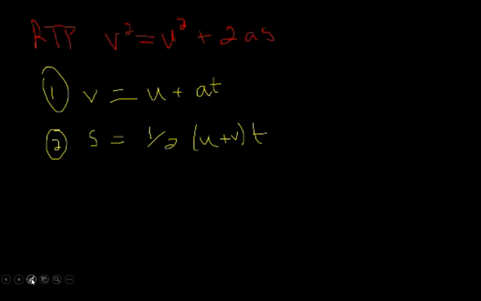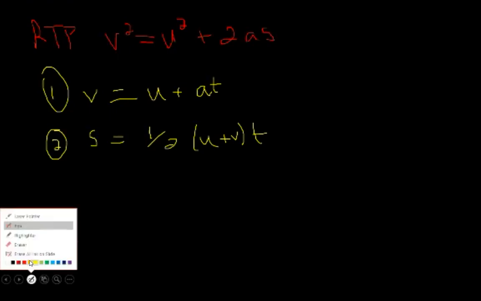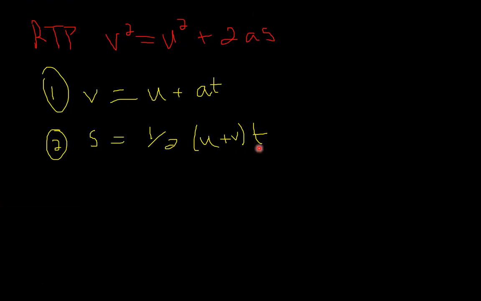Well, just now, the third one that I did, I substituted the V into equation 2. The fourth one, you substituted U into equation 2. For this one now, we're actually substituting T into equation 2.